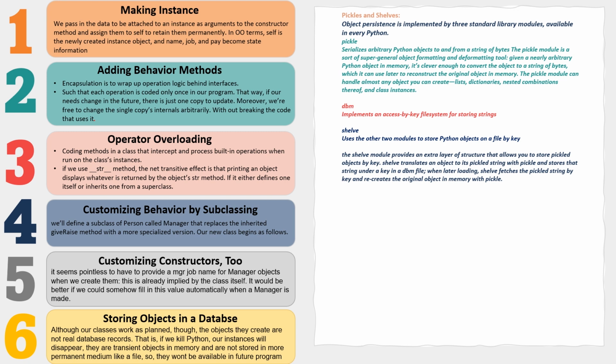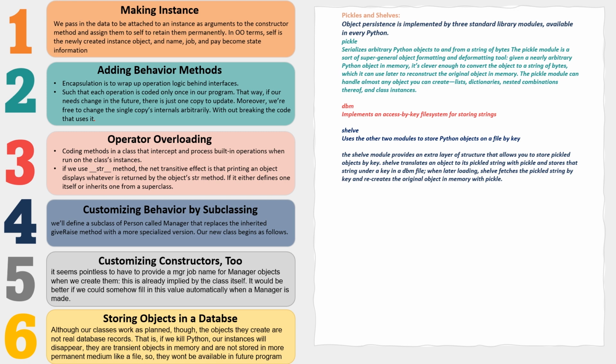And finally, when you call back the same object, shelve comes into the picture. It fetches that object from whichever location it was stored in string format, fetches it using the key, and then gives it back to the pickle.